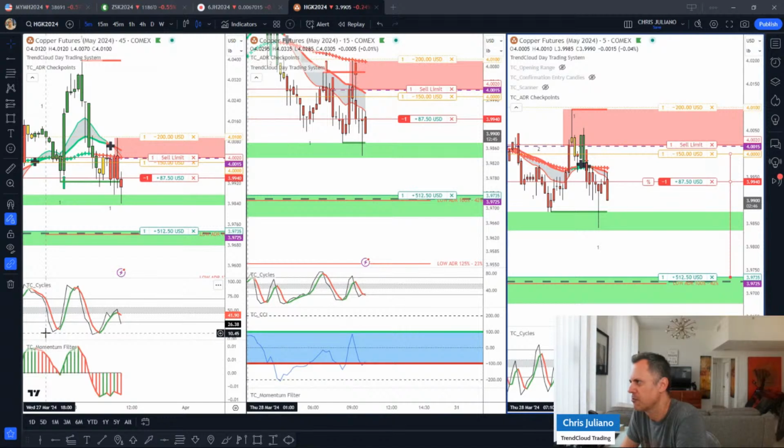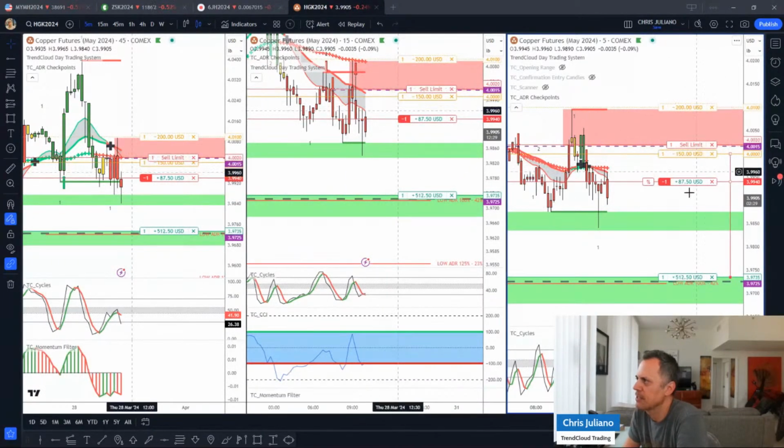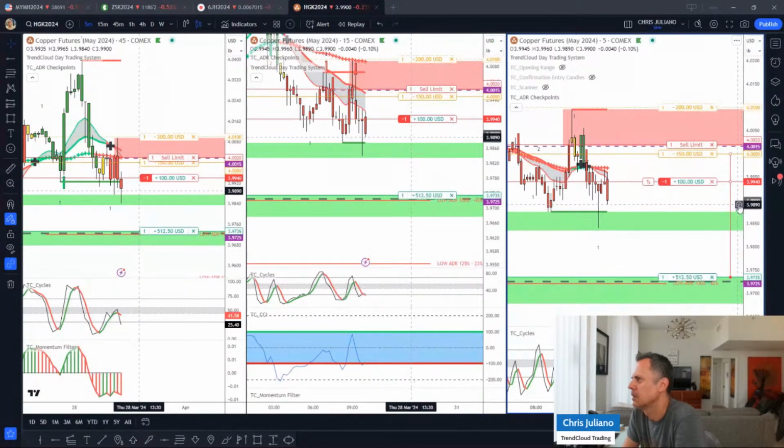Again, engineers, designers, drafters, mathematicians, programmers, they're very uncomfortable with that. So, do you get another shot at this? Unfortunately, we only have one contract. We can't scale out of this position. If I had two contracts on here, I would definitely scale out.